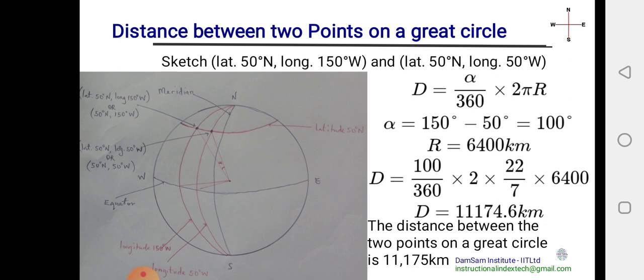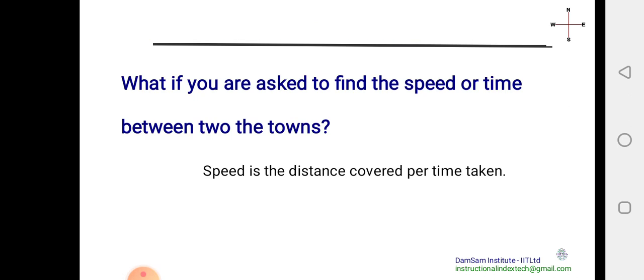If it were another example, given to the west and to the east, we would add them together because it will expand the angle between them, and the angle between them is what we are considering as alpha. When we simplify this, we have 11,175 kilometers.